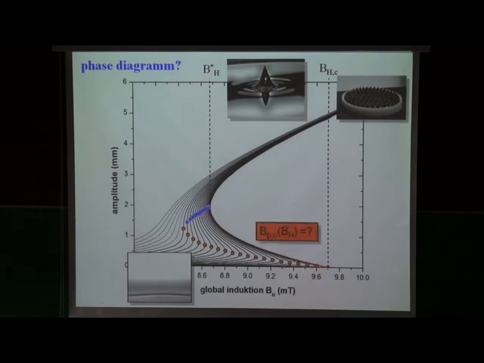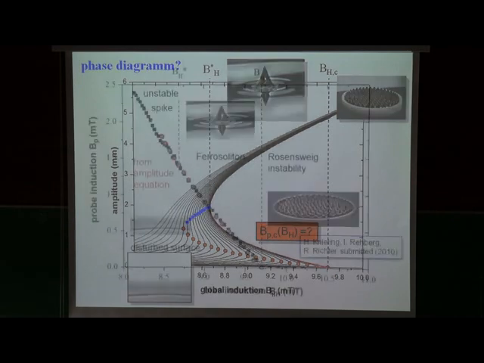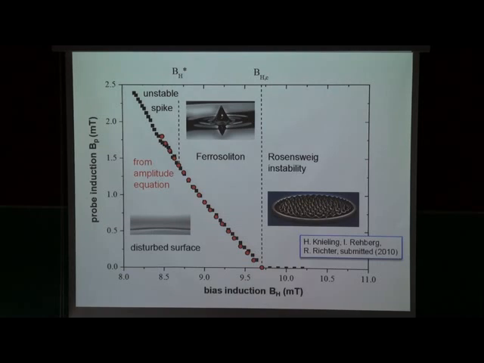Now we plot this critical field as a function of the Helmholtz field, and what you find here is that this model and the measurement are nicely working out. Of course, we have here 1 or 2 fit parameters. This is not a quantitative agreement, but you see that the qualitative model is describing this transition very well.